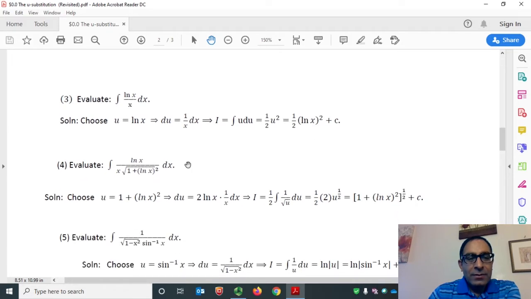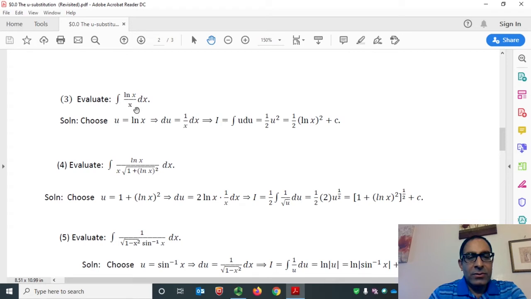Great. Now let's move on. Let's do another example, 3. Evaluate the integral of natural log x over x dx. Begin the solution. Choose u equals natural log of x. Then take the derivative of both sides. du equals 1 over x dx. Then rewrite the given integral.